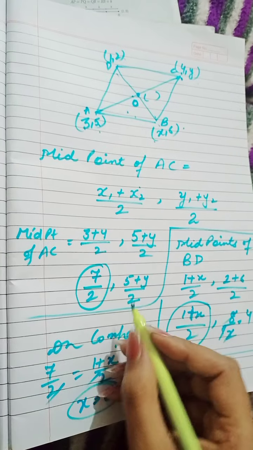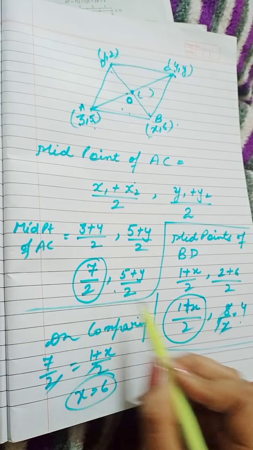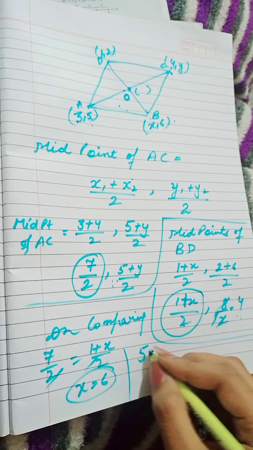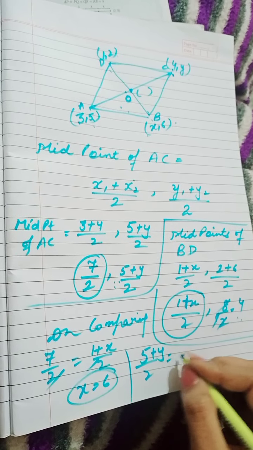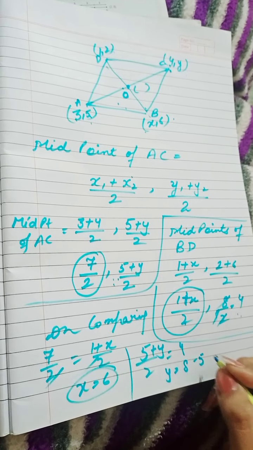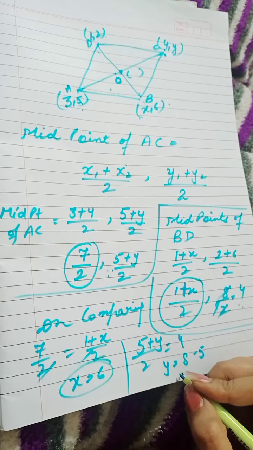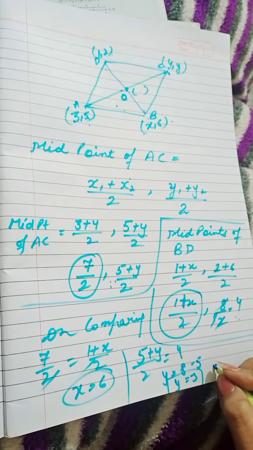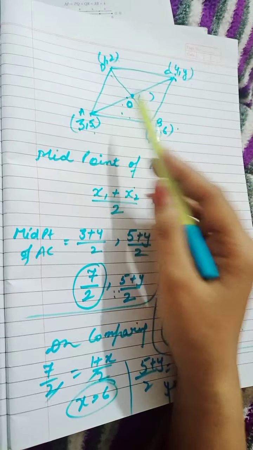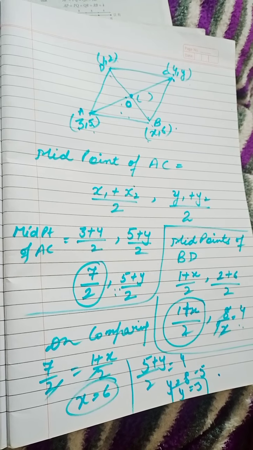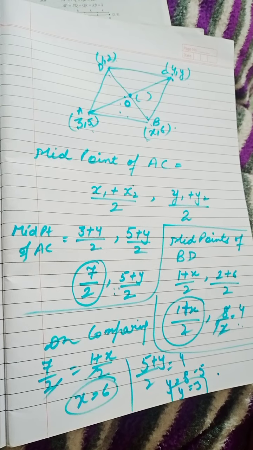Then comparing the other two, because this one is of the x-axis and these are of the y-axis, (5 plus y) by 2 would be equal to 4. 4 twos are 8, 8 minus 5 is 3. So y would be 3. So for this x and y, you can take 6 and 3.